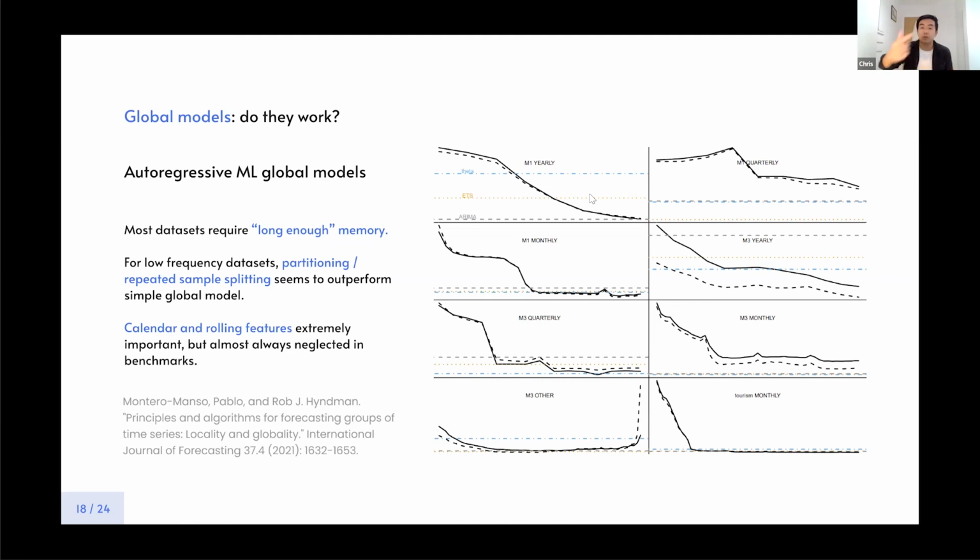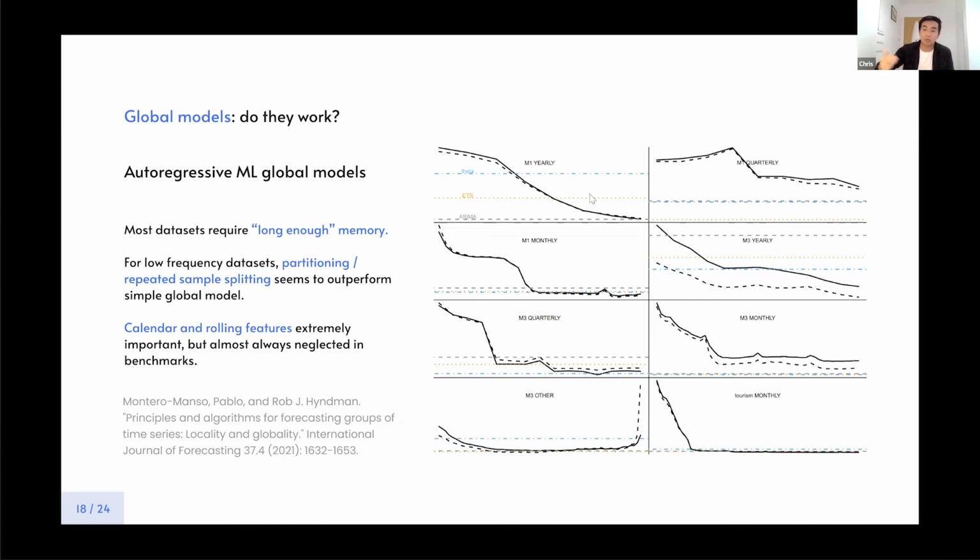Right. So to summarize, with long enough memory, long enough lags, a global AR model can match the performance of, or converges towards the performance of, many singular ARIMA models.